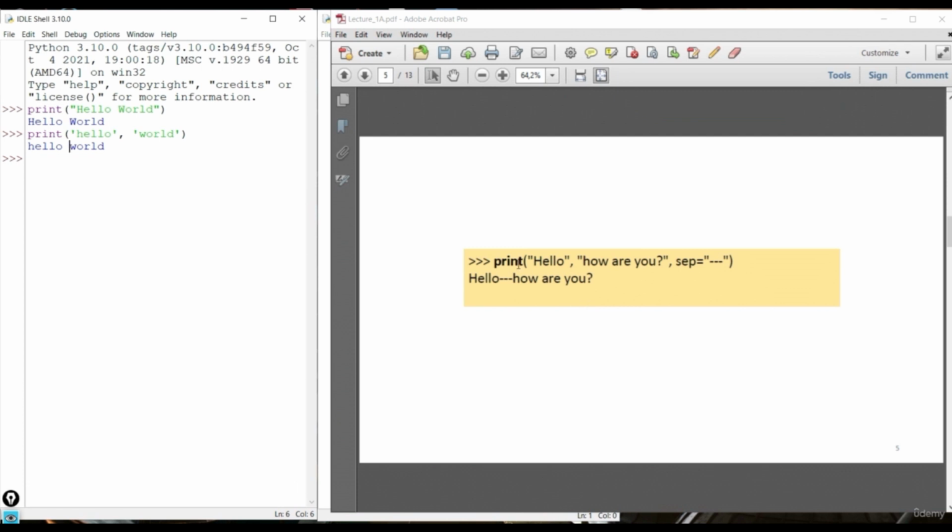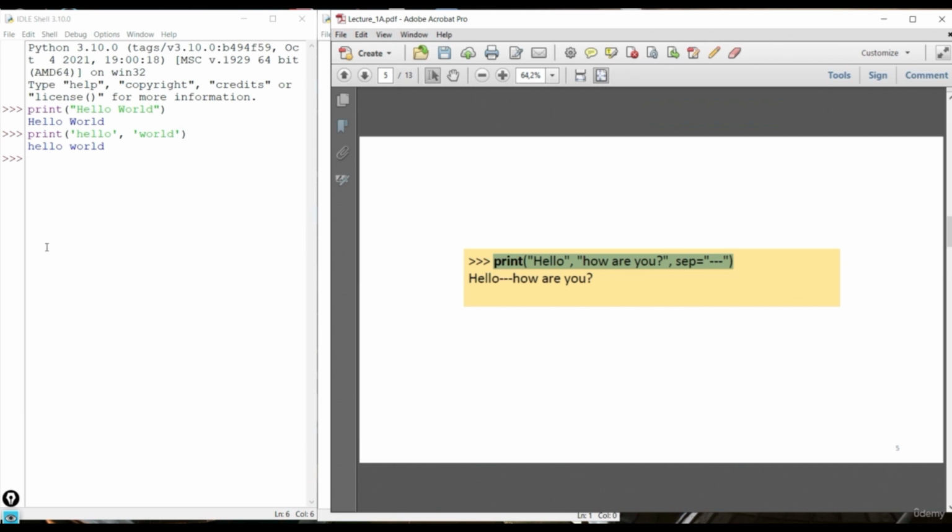Okay, let's see another example. Here the optional argument separator is used. This is our first string to be displayed. This is the second string to be displayed, and these two strings are separated by these 3 dashes. Okay, let's try it.